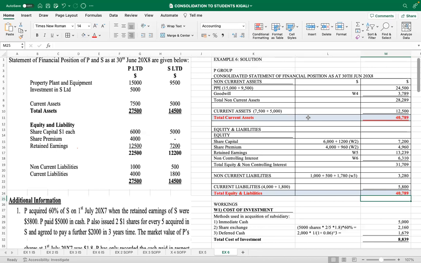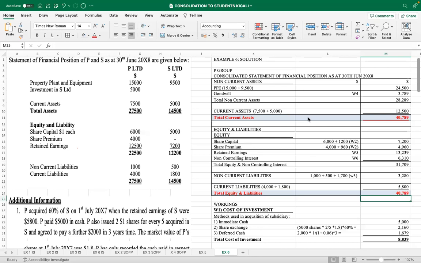If you practice with those 2 examples, you'll be in a position to comfortably answer any question on cost of investment. In summary, what is cost of investment? It is purchase consideration. The amount the parent paid to acquire the subsidiary or any other business acquired.